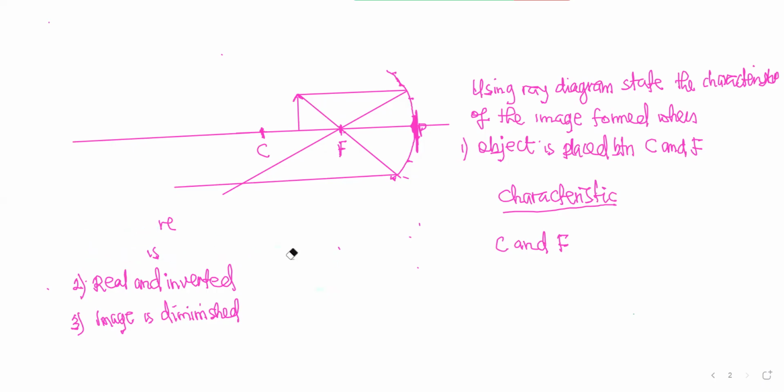So we look at the point of intersection of the two reflected rays. This is where the two rays are intersecting. So that is where the head of the image is.